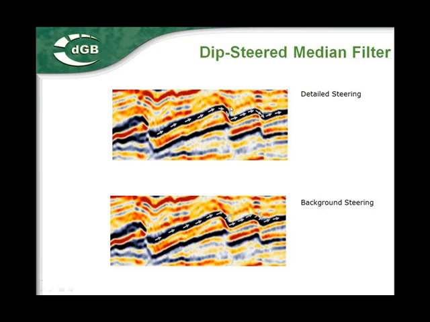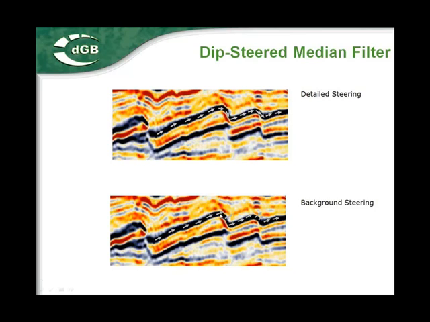However, especially if I have low offset faults, what will happen with the detailed steering is that I will actually shape the reflector through the same reflector on both sides of the fault, and it will start smoothing over the fault plane. So that is not what we're intending to do.